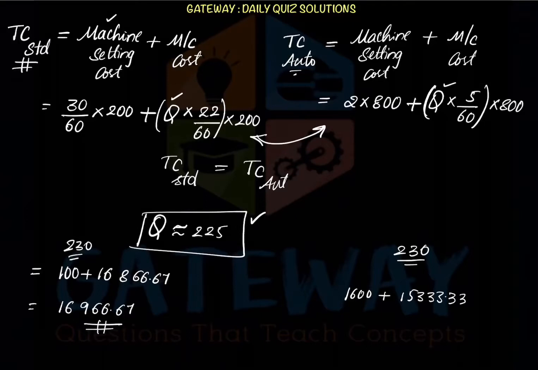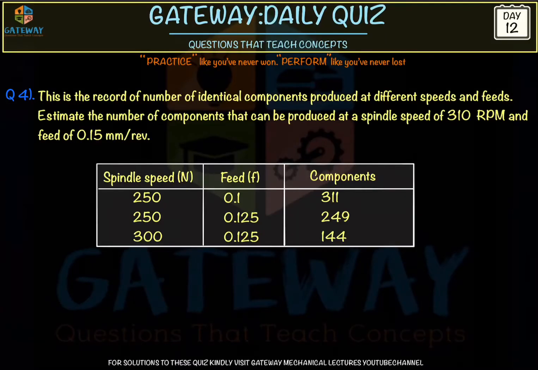When we add the setting cost, it comes out to be 16,933.33. You can observe here, comparing the cost, our automatic machine tool is consuming less cost than the manual. So this is the exact question to be understood. And going to the next question.